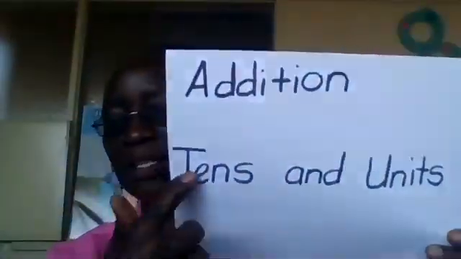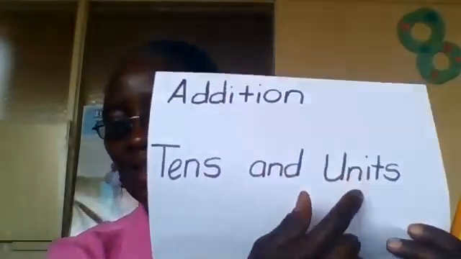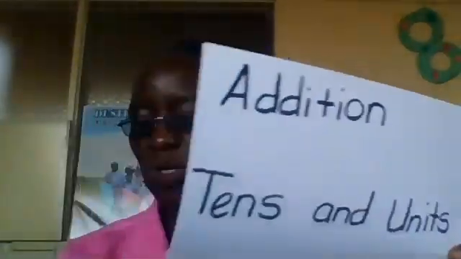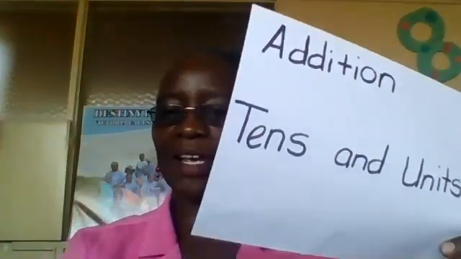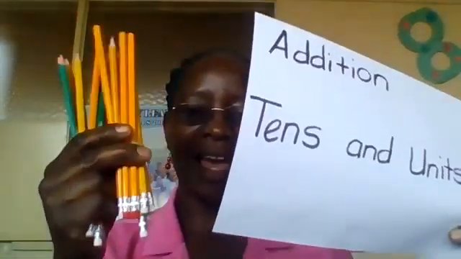So these are units and these are tens. I've got one ten there. If I get another one there, then I've got how many tens? I've got 2 tens now. All right, so these are our tens and units. So how do we match that to addition? Let's look at that.